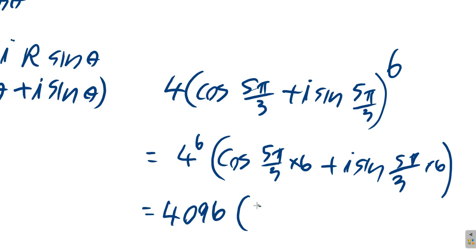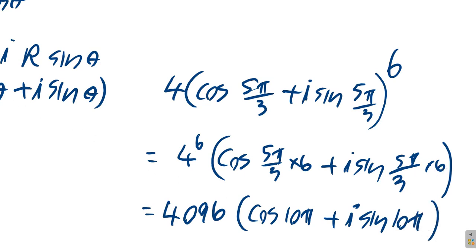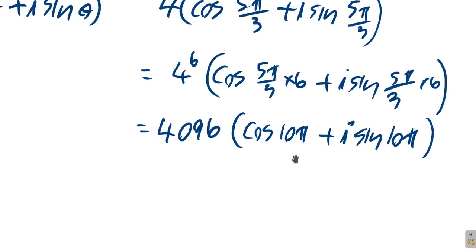Then we have cos. Now 3 into 6 goes 2 times, 2 times 5 is 10, 10 pi, plus i sine 10 pi. So that in polar form is the complex number raised to the power of 6.